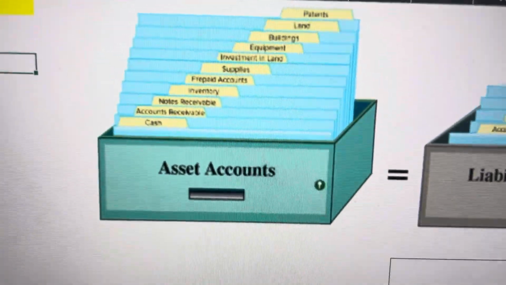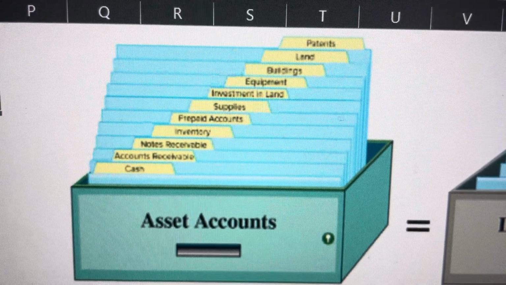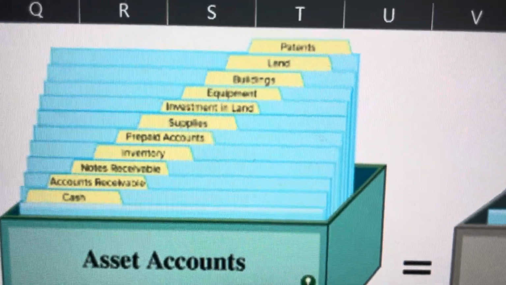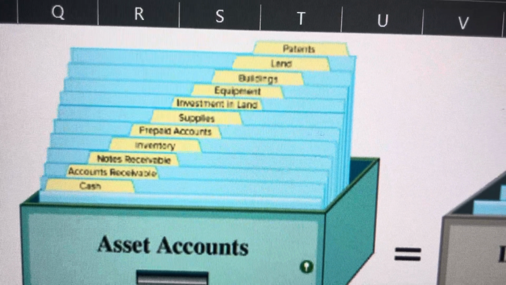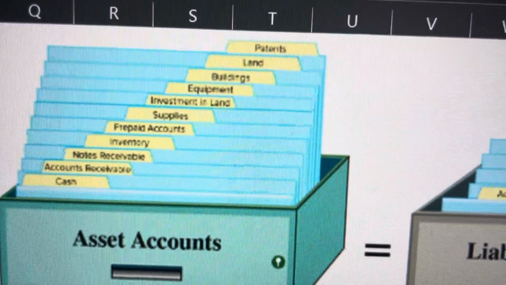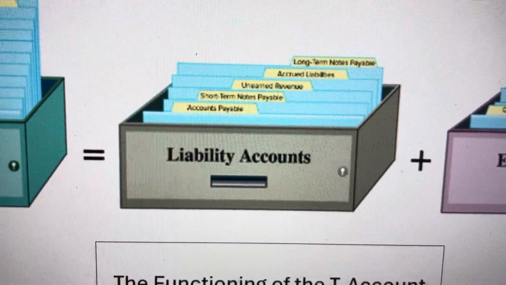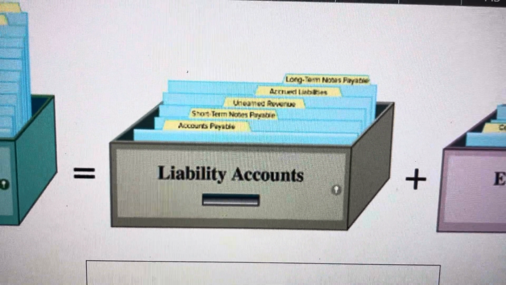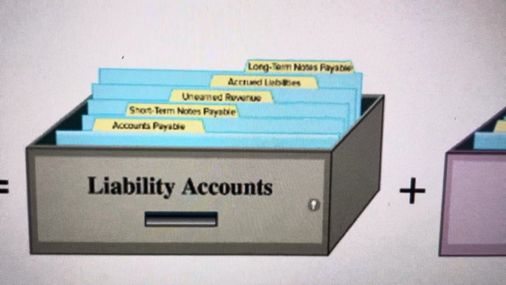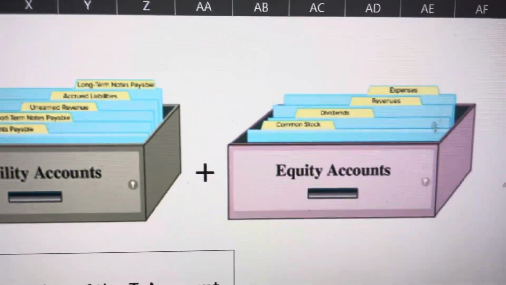So we can see here all the asset accounts: cash, accounts receivable, notes receivable, inventory, prepaid accounts, supplies, investment in land, equipment, buildings, land, patents. And then you have liabilities, which are accounts payable, short-term notes payable, unearned revenue, accrued liabilities, long-term notes payable.